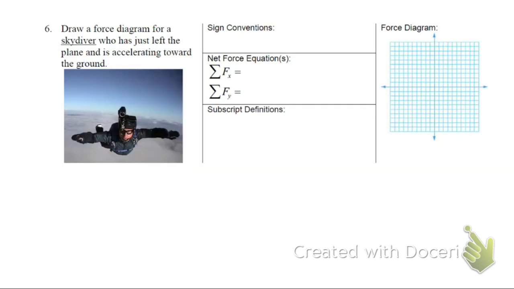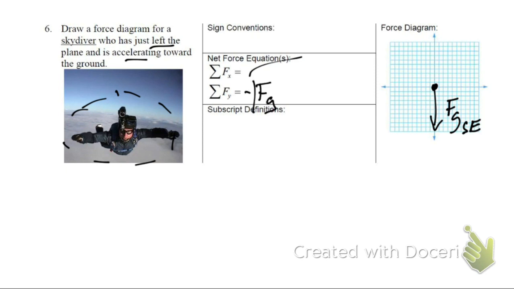All right, for the skydiver, here's your system right here. It says he's just left the plane, accelerating downward towards the ground. So we're going to have a force going down, the force of gravity on the skydiver from the Earth. Nothing on the x there, so we're just going to have the negative force of gravity.